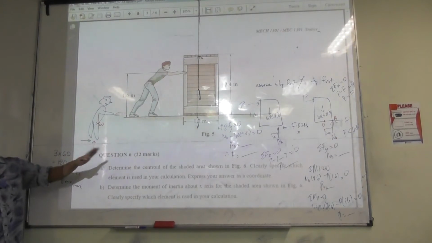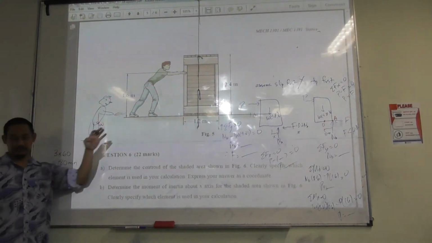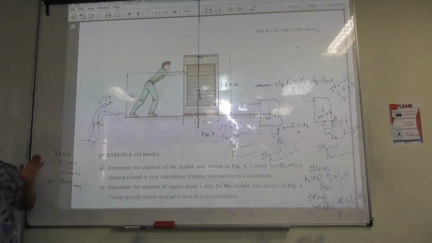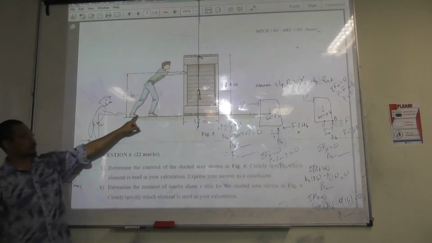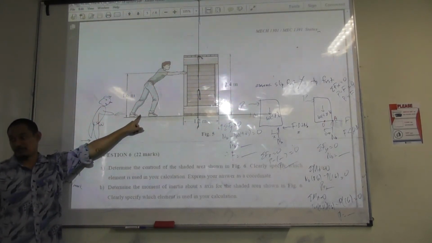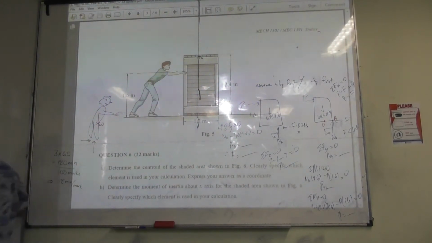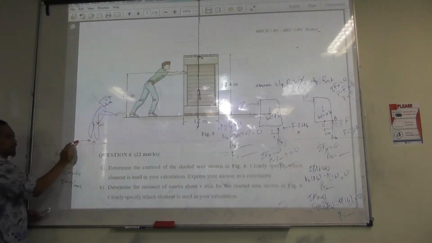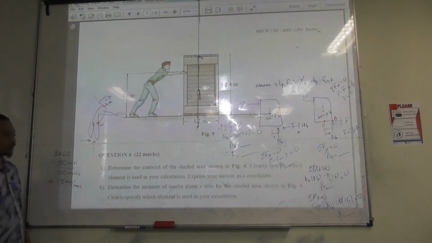Like the slanting setup we had before, it's not just the force, it's the tendency of the movement. So what is the tendency of the movement of the leg? If you push, does the leg tend to slip there or slip here? Backward. Because the leg wants to move backward, that's why the friction is in that direction.